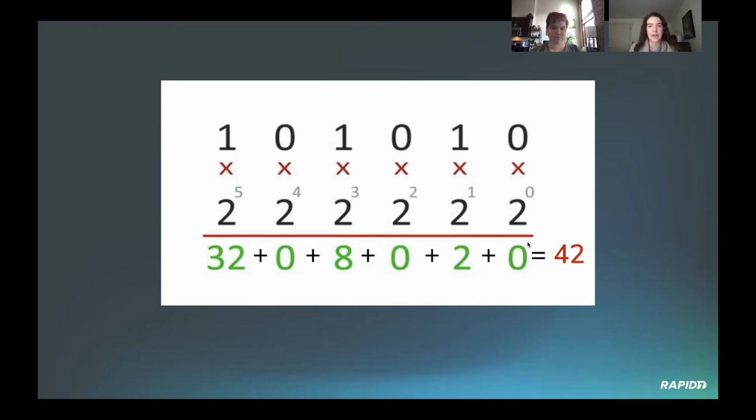And then we do that again in the next column over, 1 times 2 to the 1, 1 times 2, because 2 to the 1 is 2. And we can keep repeating that process. Then all of those values underneath the line at the bottom, we just add together. And then we know that that top value, 1, 0, 1, 0, 1, 0, which is binary, is equal to 42 in decimal.